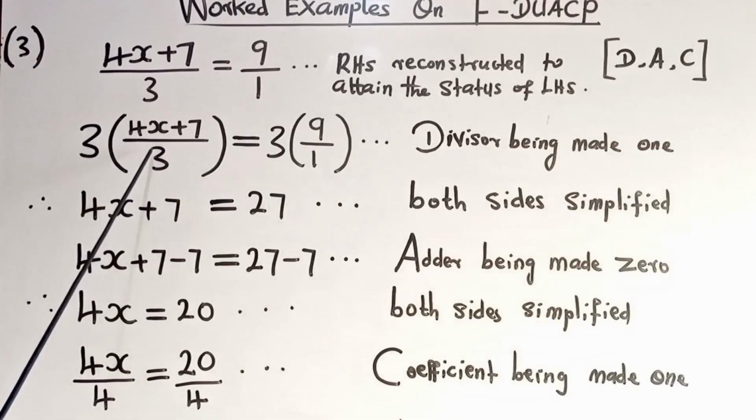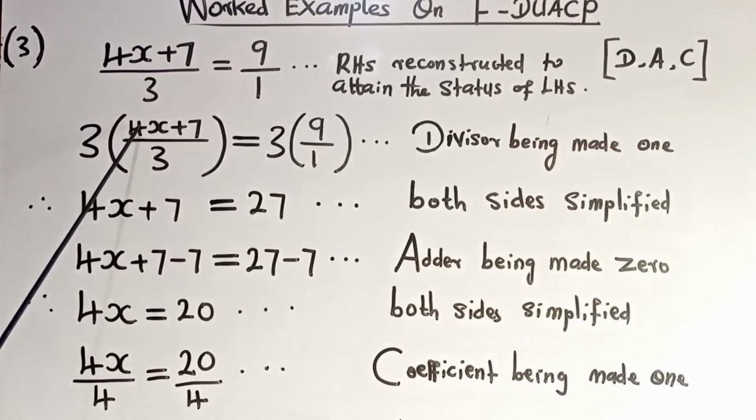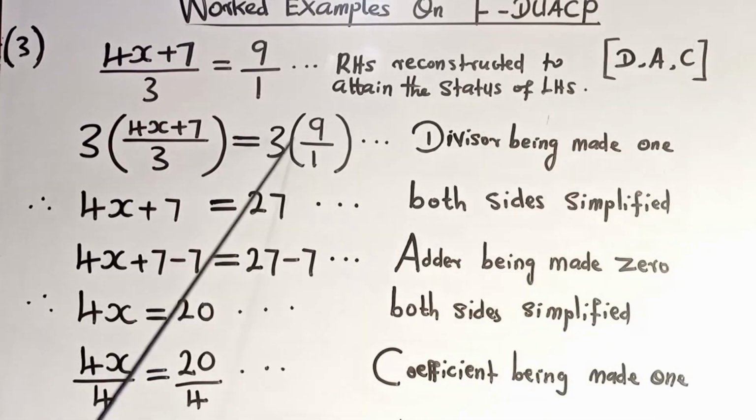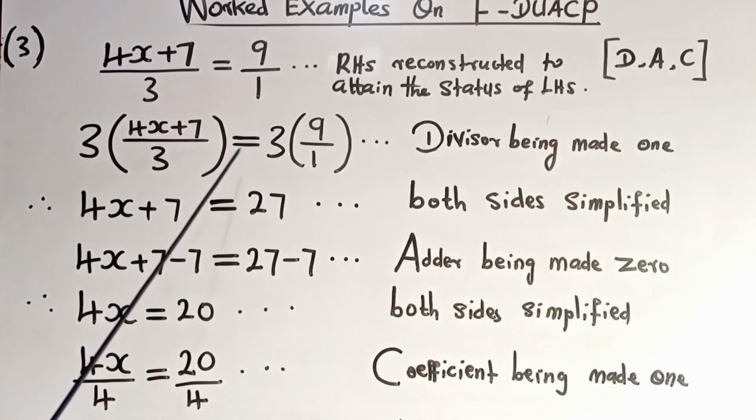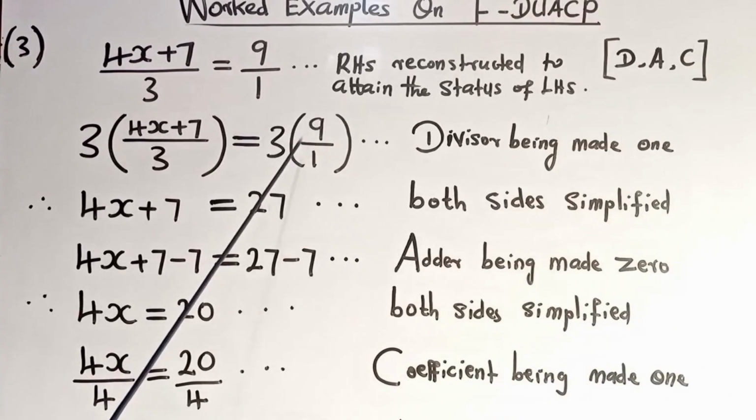Now let's continue. When this 3 divides this 3, the answer is 1. 1 times 4x plus 7 is 4x plus 7. When 1 divides this 3, the answer is 3. 3 times 9 is equal to 27. So what is happening here, please?